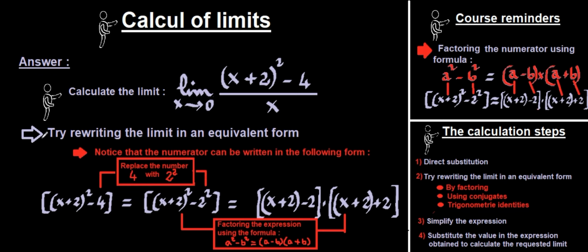Step number 2. Try rewriting the limit in an equivalent form. Notice that the numerator x plus 2 squared minus 4 can be written in the following form, using the formula a squared minus b squared equals a minus b times a plus b.